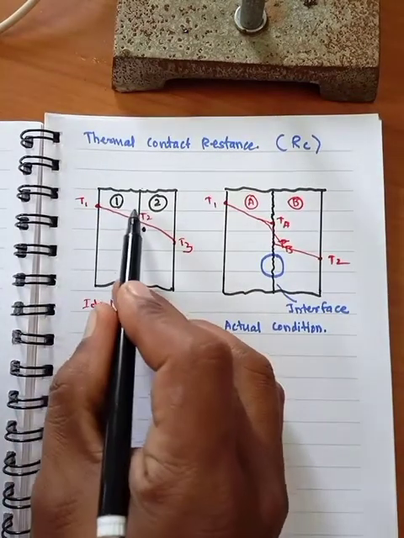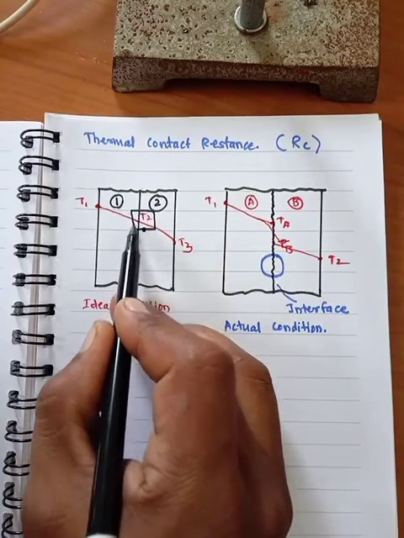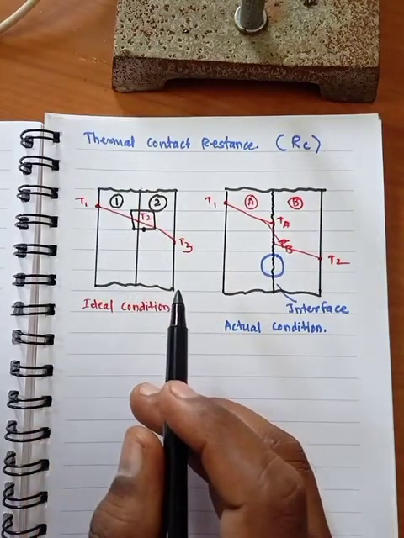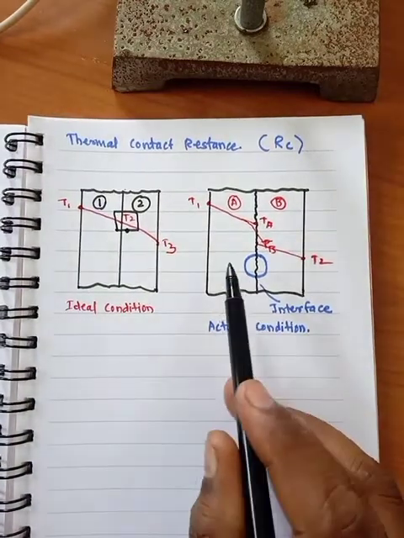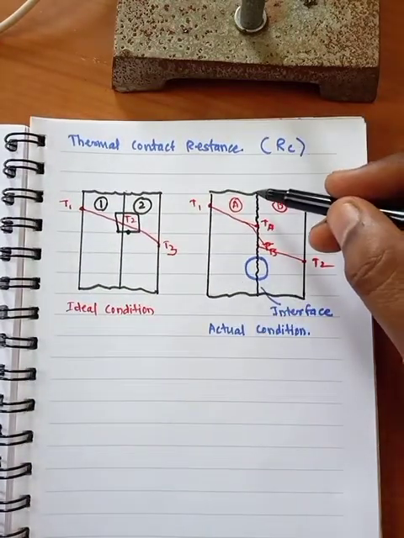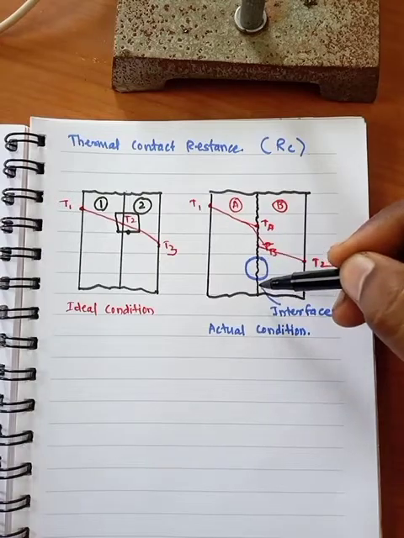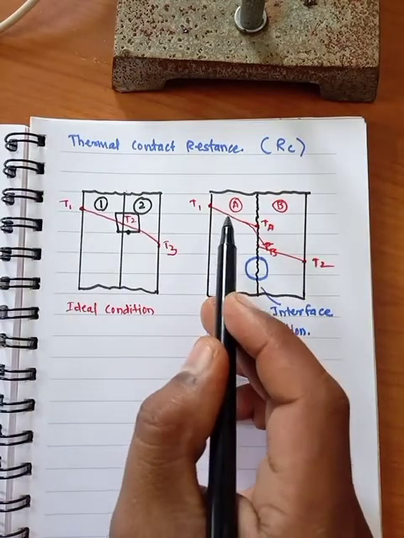In that we have seen only a single temperature is available at the interface, but in actual conditions, due to the surface roughness at the interface, the temperature will be reduced.